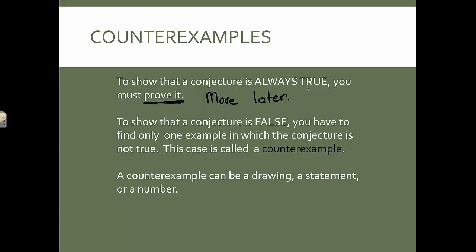But for now, if you want to show that a conjecture is false, you would have to come up with one example for which that conjecture is not true, and that is called a counterexample. A counterexample can be a drawing to show that the conjecture is not true. It could be a statement, or you could simply use a number to show that the conjecture is not true. So let's practice coming up with some counterexamples to prove a conjecture is false.